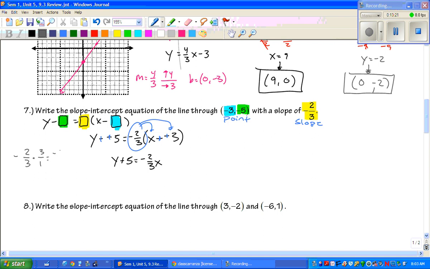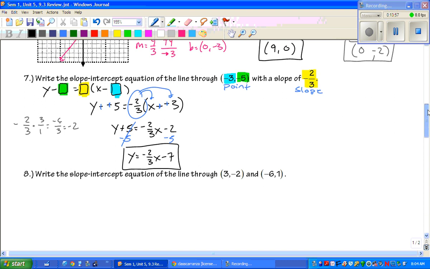Now if you just multiply straight across, you get negative 6 over 3, which reduces to negative 2. Alright? And to solve for y, subtract the 5 from both sides, and you get y equals negative 2 over 3x minus 7. And there you go, we solved for y.